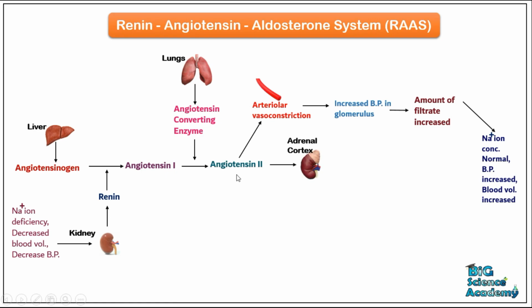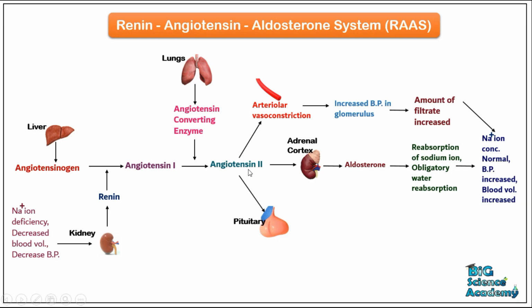On the other hand, by the action of angiotensin 2, the adrenal cortex secretes aldosterone. By the action of aldosterone, reabsorption of sodium ion occurs and obligatory water reabsorption also occurs. Then ultimately, sodium ion concentration becomes normal and the blood pressure and blood volume also increase. And angiotensin 2 stimulates the pituitary gland to secrete ADH.